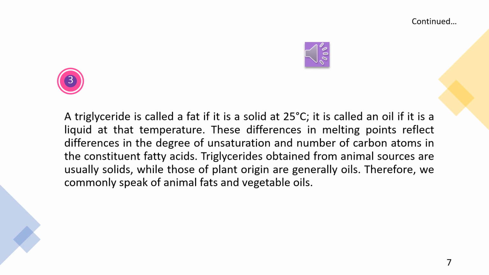It is called an oil if it is liquid at that temperature. These differences in melting points reflect the differences in the degree of unsaturation and the number of carbon atoms in the constituent fatty acids. Triglycerides obtained from animal sources are usually solid, while those of plant origin are generally oils. Therefore, we commonly speak of animal fats and vegetable oils.